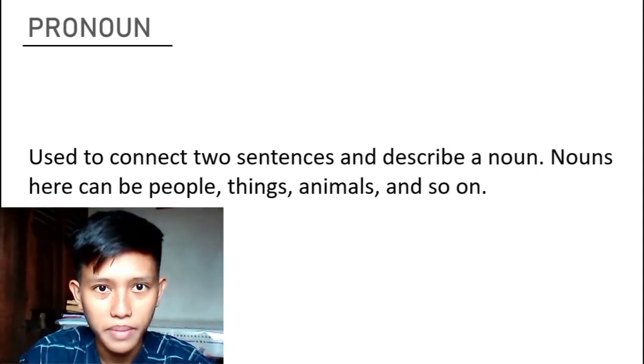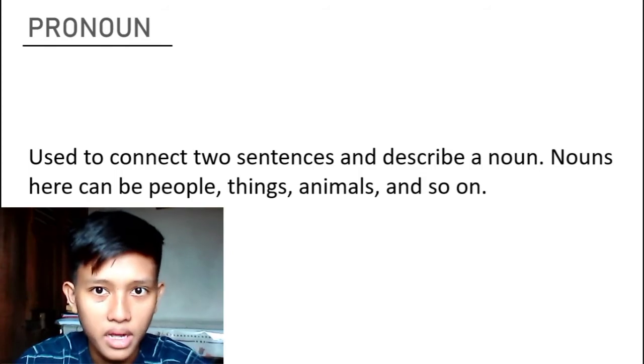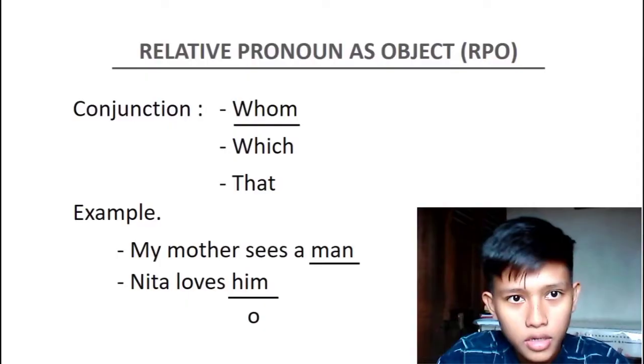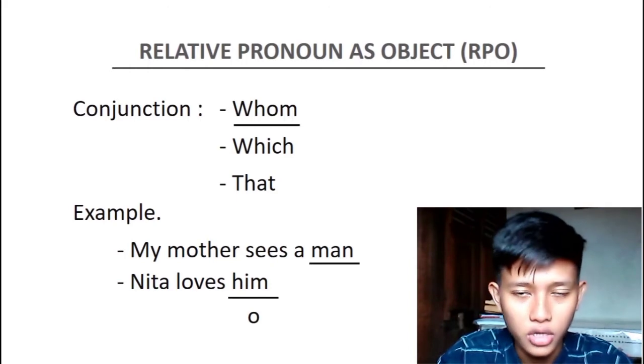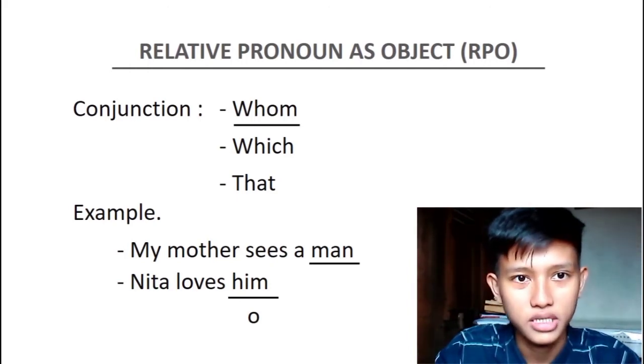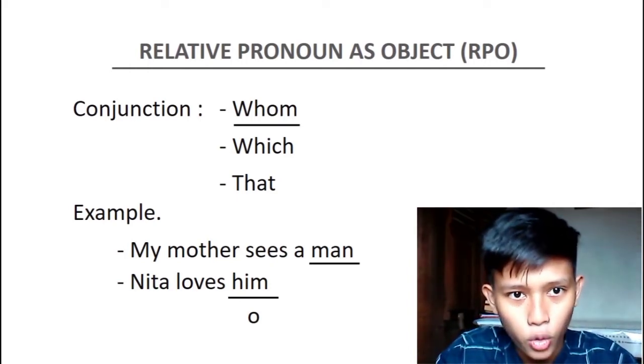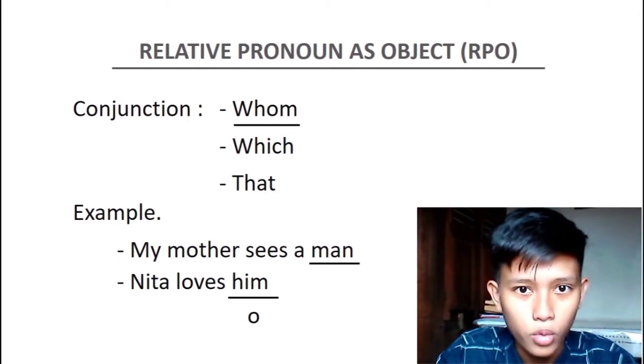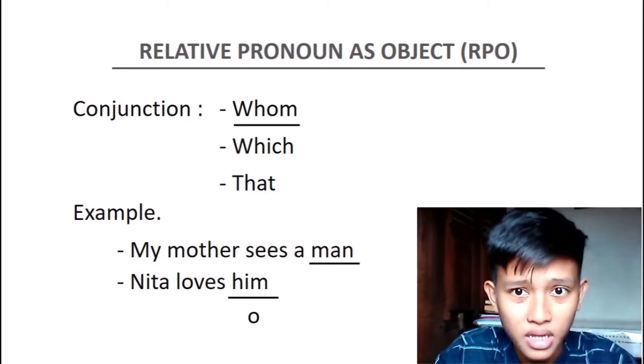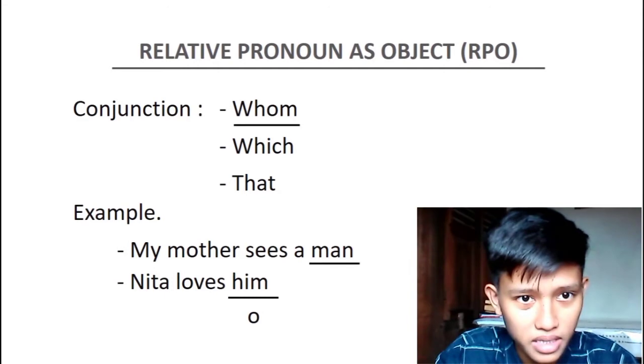The noun here can be people, things, animals, and so on. If RPS, relative pronoun as subject, refers to the subject, then RPO refers to the object. Of course, there is also the conjunction, which connects the object itself. Now I want to show you the conjunctions of relative pronoun as object: whom for person, which for non-person, and that, which is flexible for both.